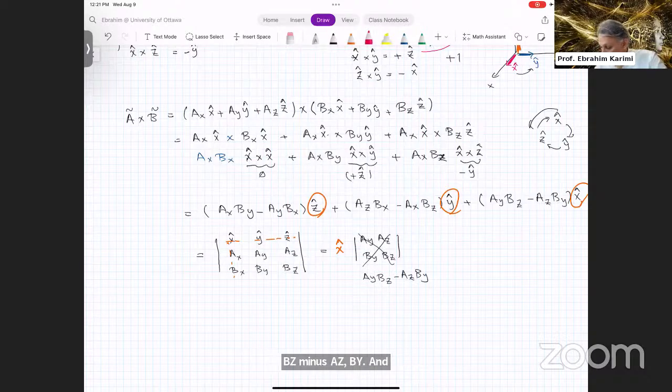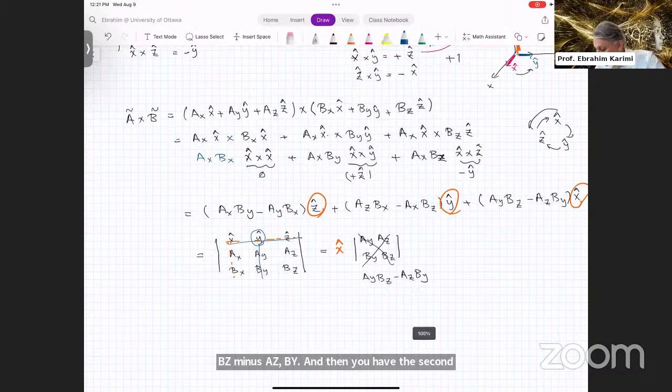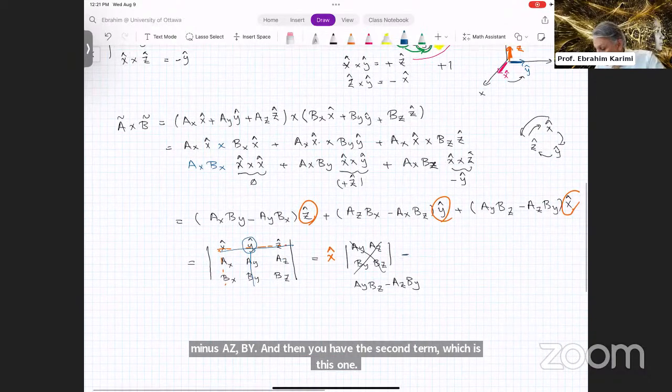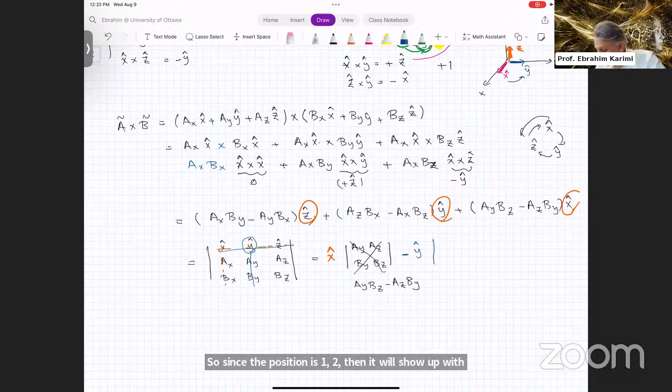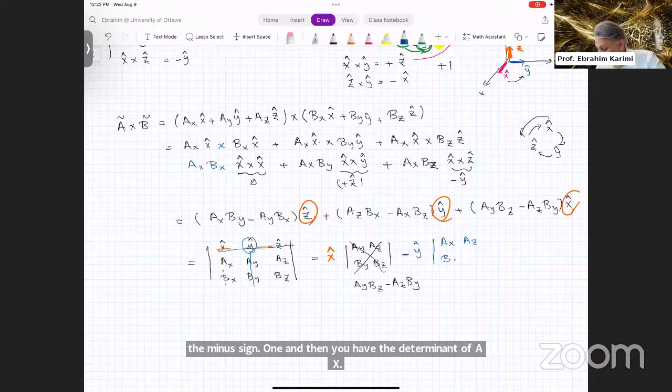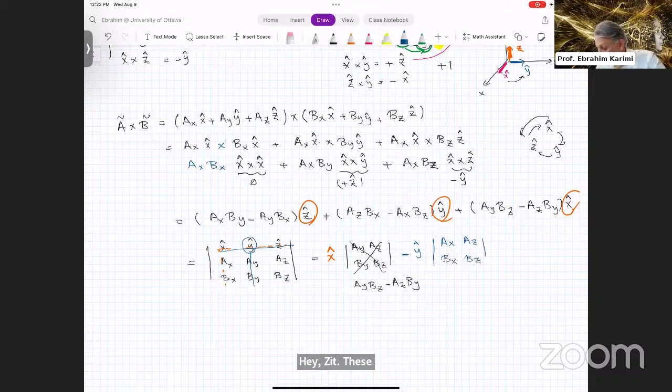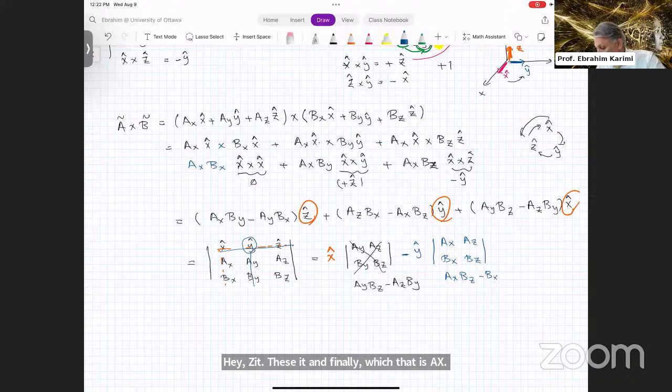And then you have the second term. Since the position is 1, 2, it will show up with a minus sign. And then you have the determinant of ax, az, bx, bz, which is ax bz minus bx az.